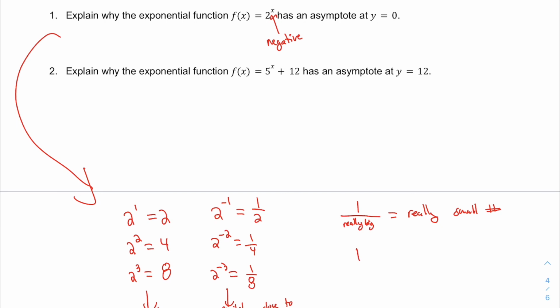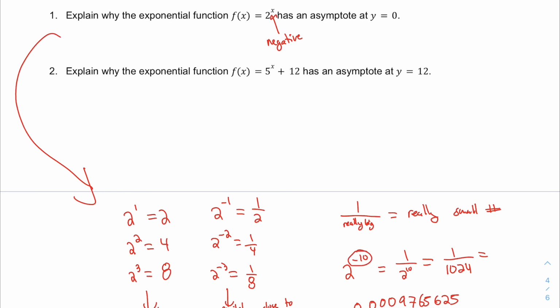If we took 2 to the -10th power, this is the same as 1 over 2 to the power of 10, which is 1 over 1024. As a decimal, 1 over 1024 is equal to 0.0009765625.